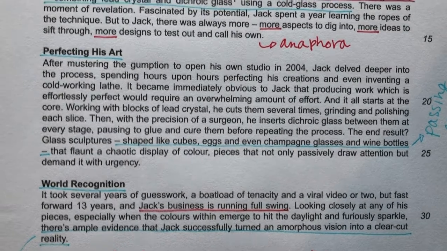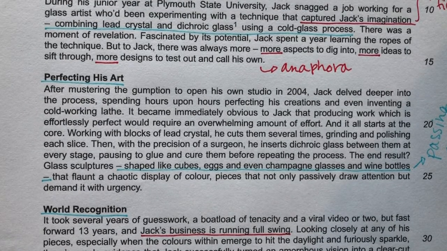Okay, so here, while we were reading, I also noticed a few other things that I would like to underline that I did not underline while I was reading first time.